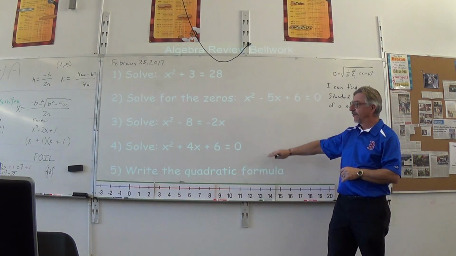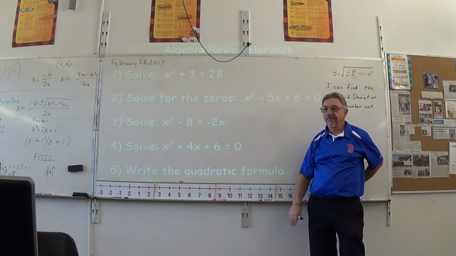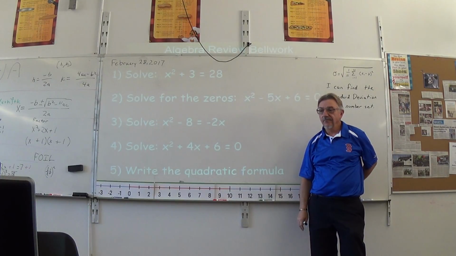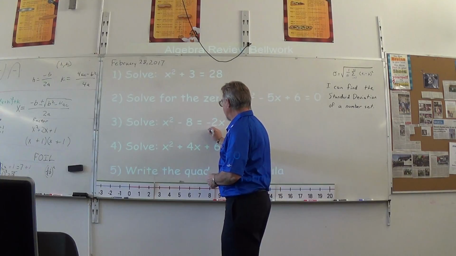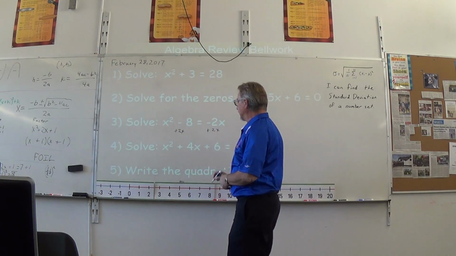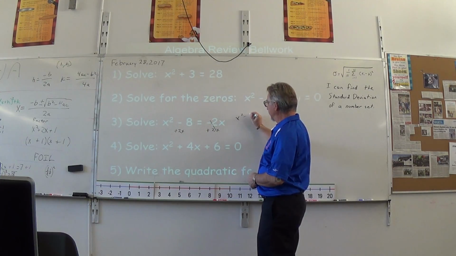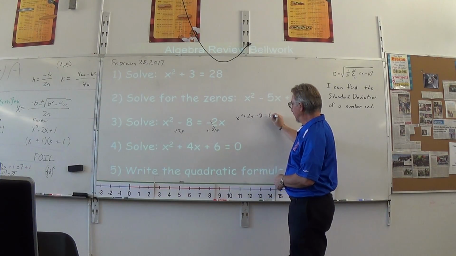So what's my first step that I have to do on this, Zoe? I have to add 2x to both sides, so that cancels and gives me x squared plus 2x minus 8 equals 0.